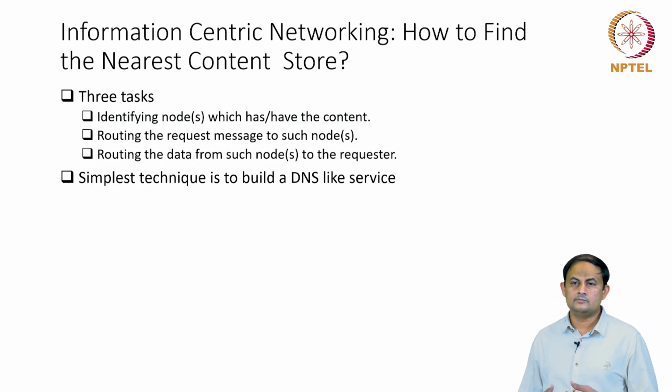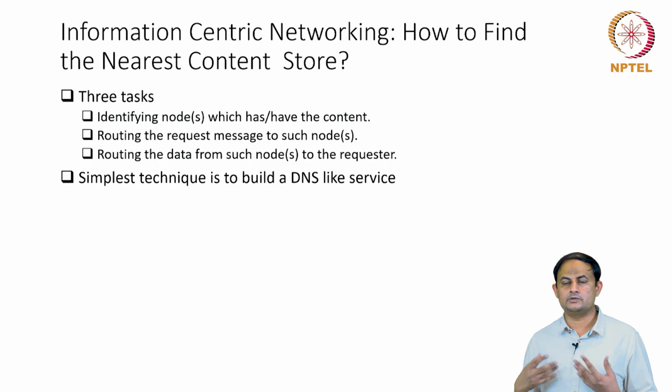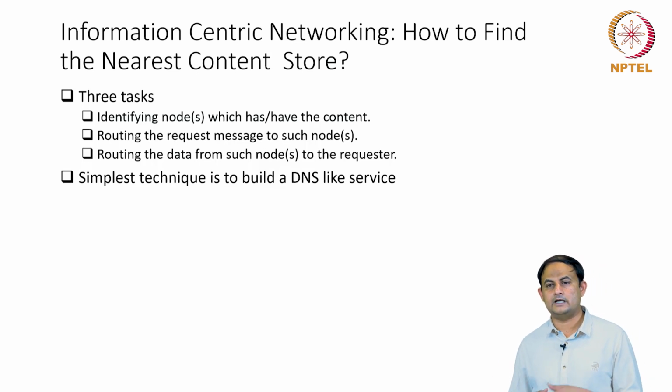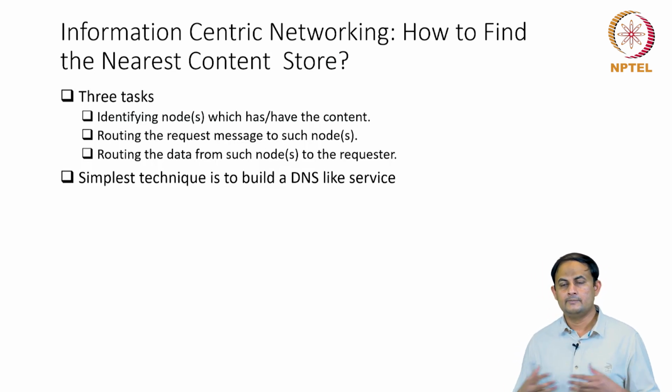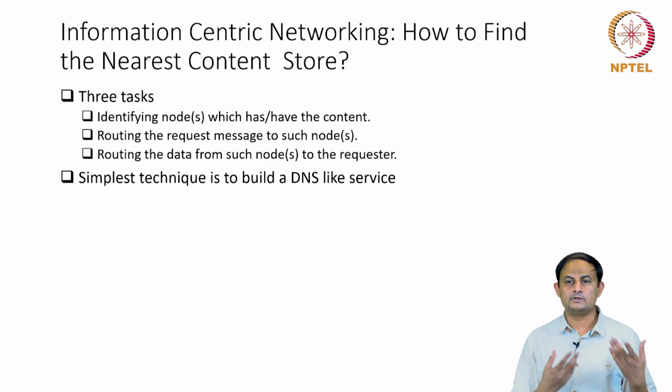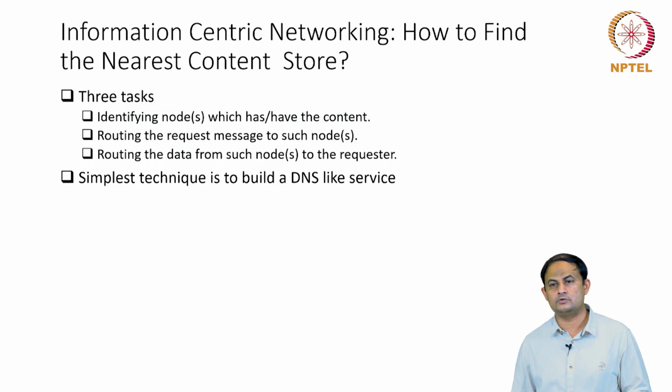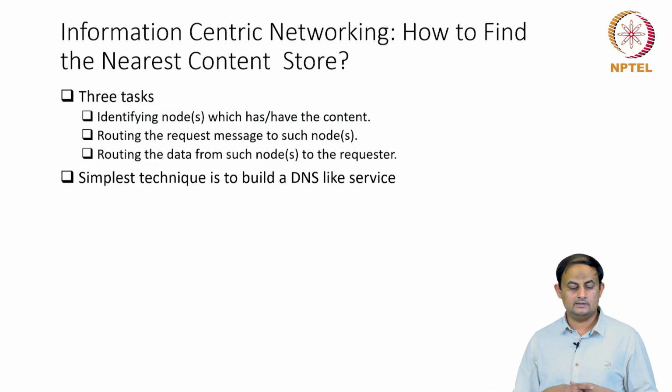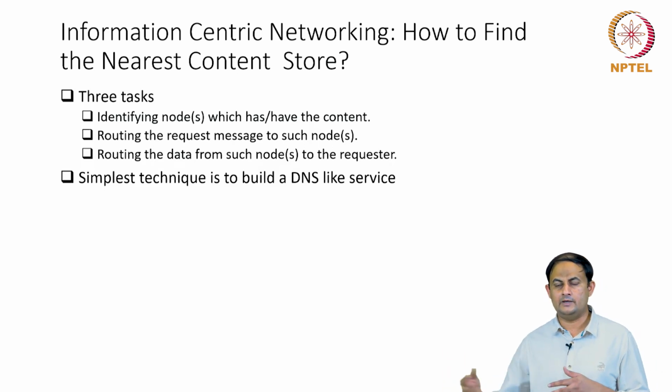And clearly, because of the sheer number of routers in a network as big as the internet, this exchange is not scalable. The simplest solution you can think of is to build a service like the DNS. What the DNS does is translate domain names to IP addresses.